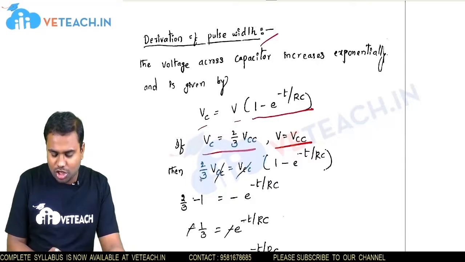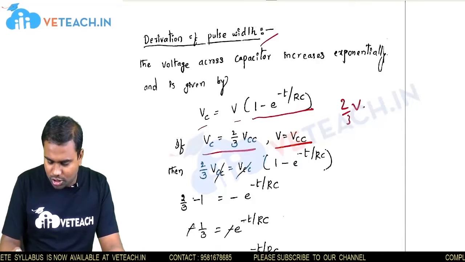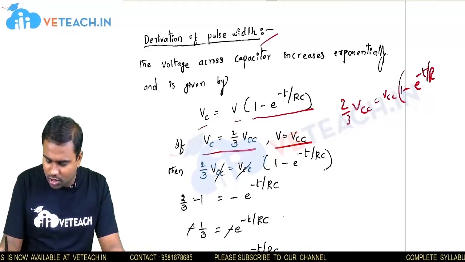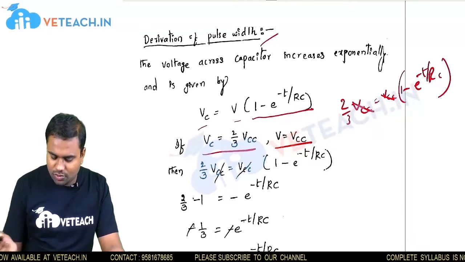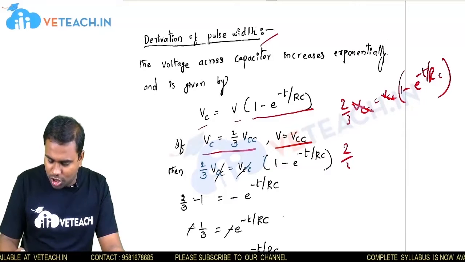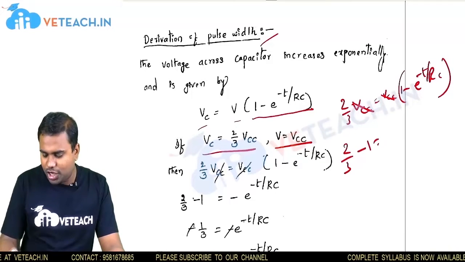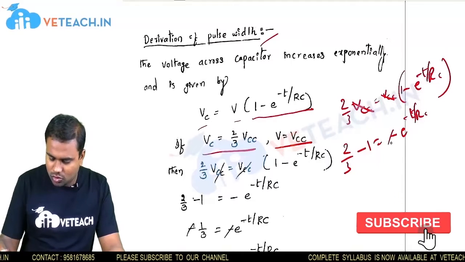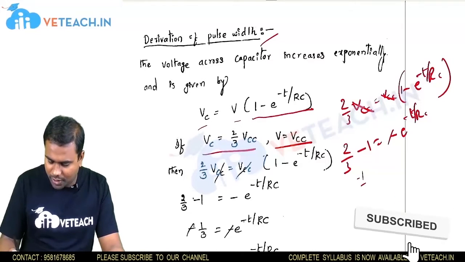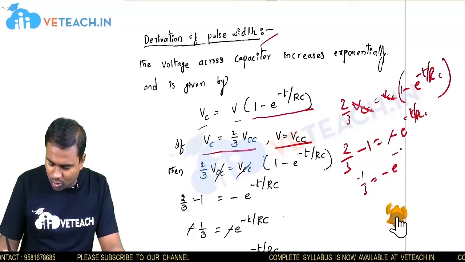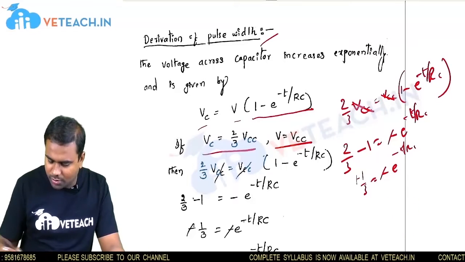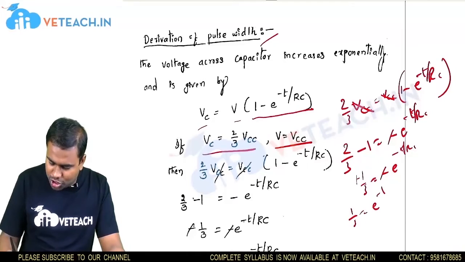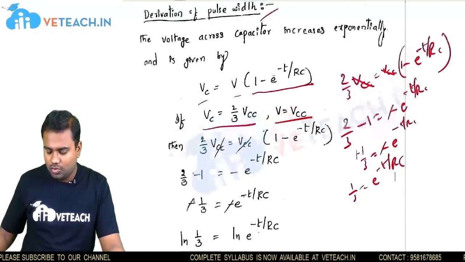So 2/3 VCC equals VCC multiplied with 1 minus e power minus t by RC. This VCC will cancel. So 2/3 minus 1 equals minus e power minus t by RC. This minus will be cancelled, and here minus 1/3 will be there, equal to minus e power minus t by RC. This minus will be cancelled, meaning 1 by 3 equals e power minus t by RC.